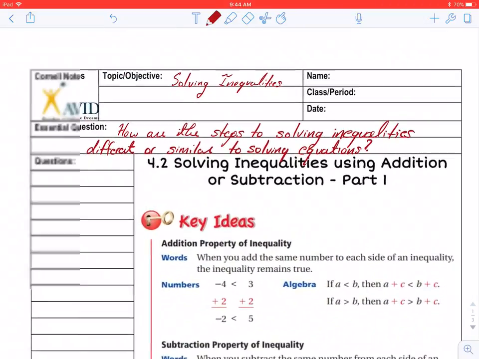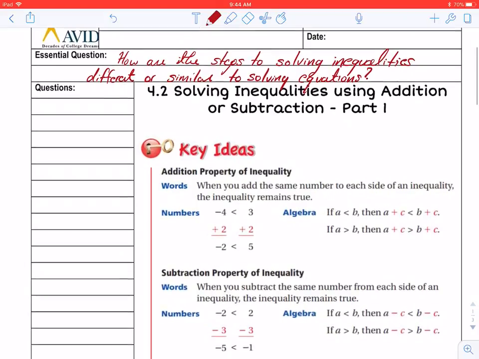So how are the steps to solving inequalities different or similar to solving equations? So that's the essential question for your notes. And so let's go ahead and get started.